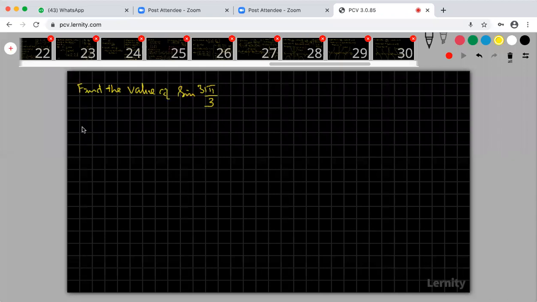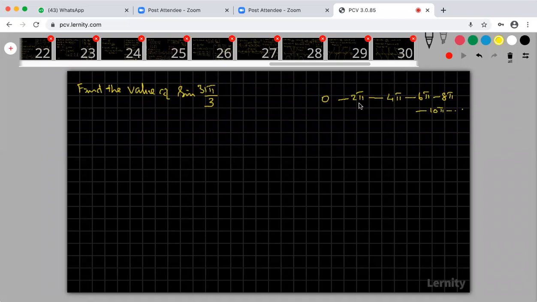Please note that the sine values from 0 to 2 pi are again repeated from 2 pi to 4 pi, again repeated from 4 pi to 6 pi, again from 6 pi to 8 pi, again from 8 pi to 10 pi, and it goes on.